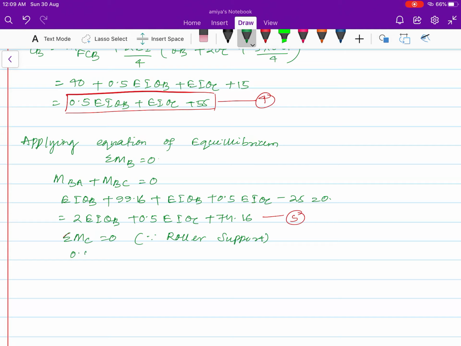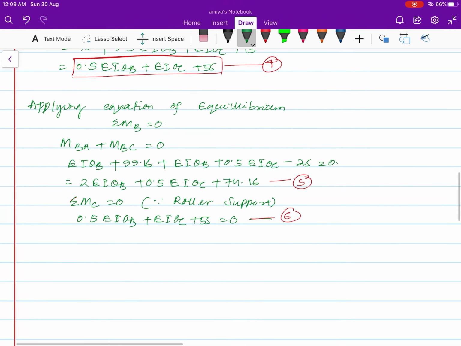The equation becomes 0.5 EI theta B plus EI theta C plus 55 is equal to 0. This is equation 6.